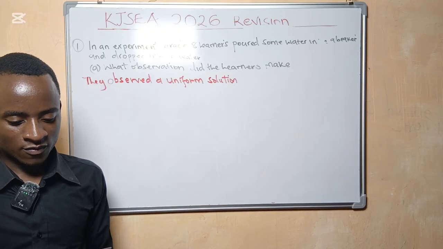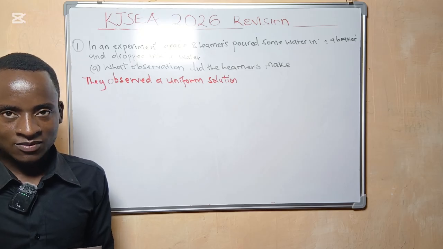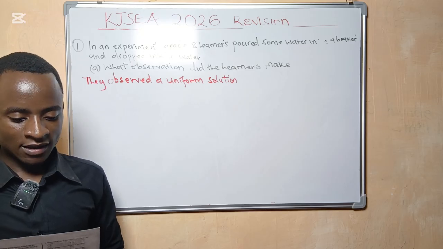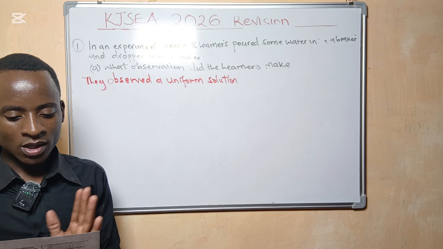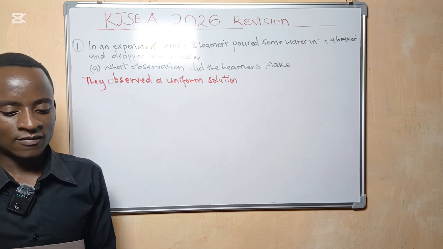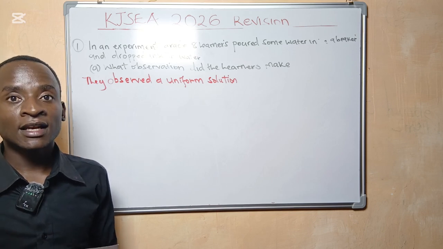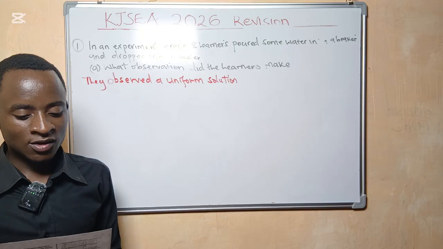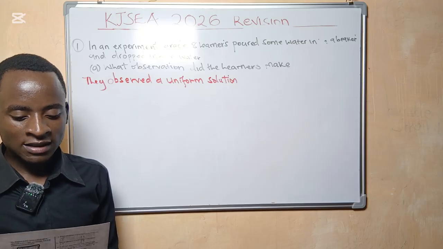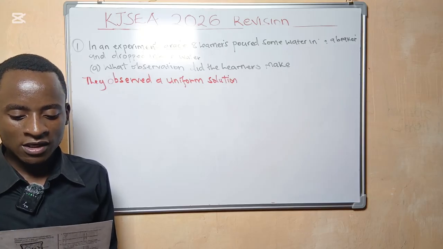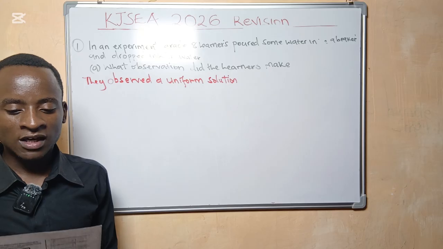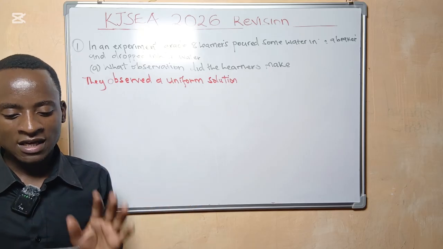The first question, what observation did the learners make? The second question, which process were the learners demonstrating? Then the last part of that question, state and explain two factors that affect the process named above.